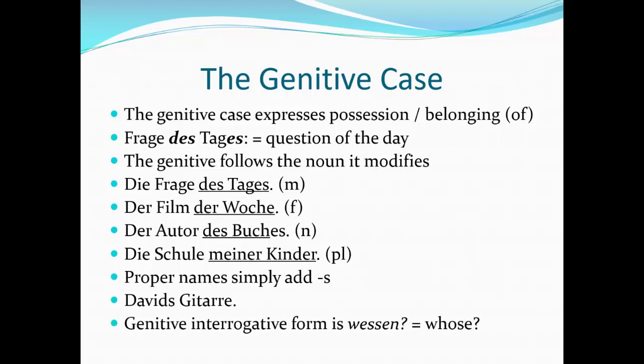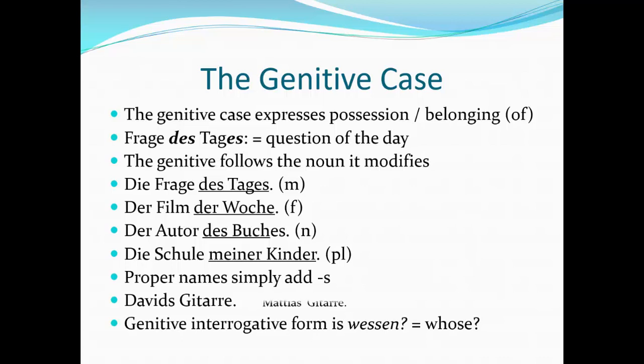The interrogative form: when we have nominative, it would be wer ist das, who is that? Accusative is wen besuchst du am Wochenende? And then the dative, wem gehört das Buch? The genitive form is wessen.